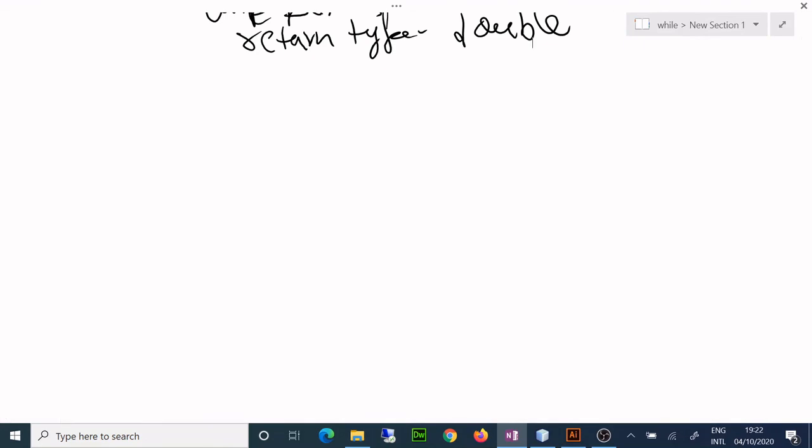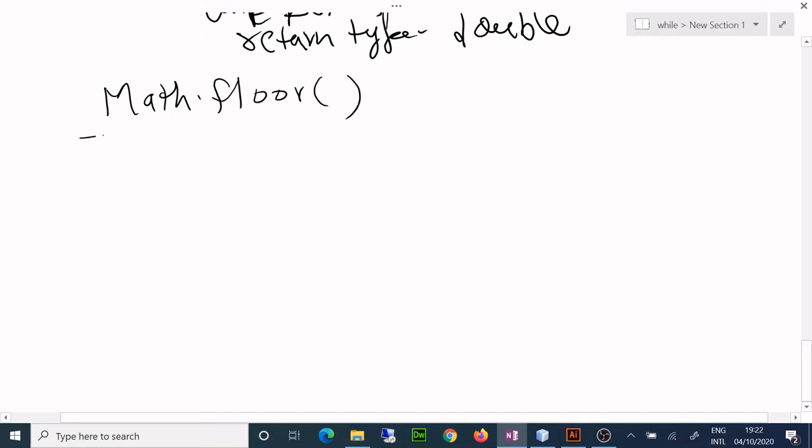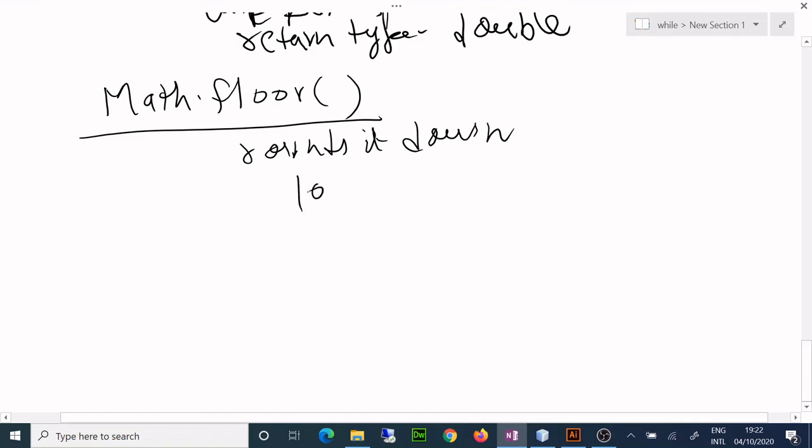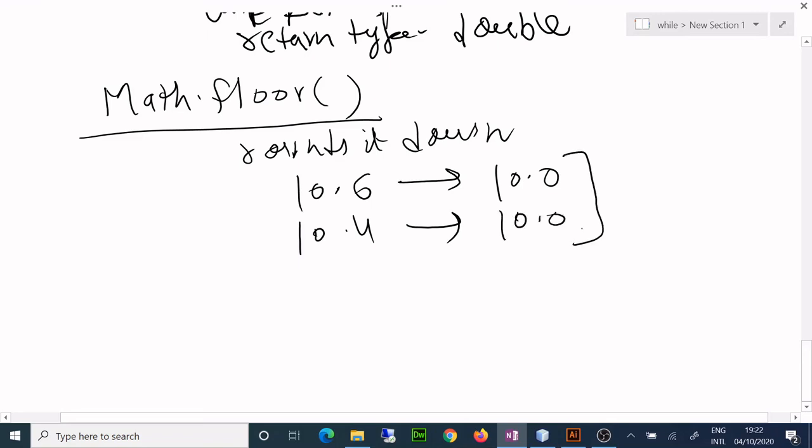So what does math.floor do? Okay, math.floor. It rounds it down. If the number is 10.6, it will round it down to 10.0. If the number is 10.4, it will still round it down. You know what floor means, right?